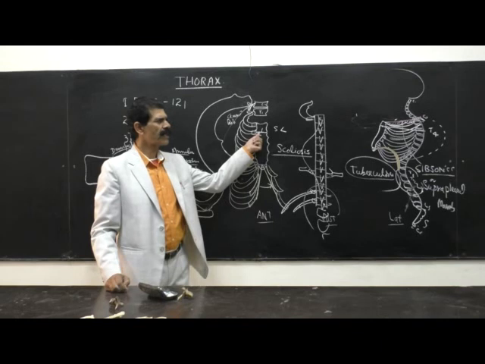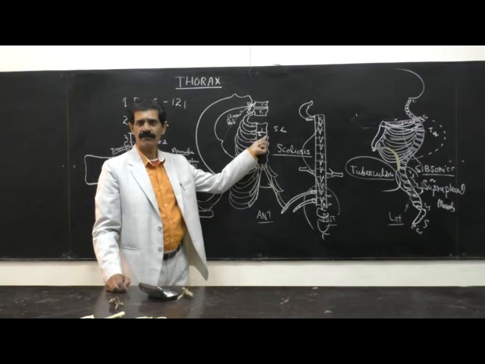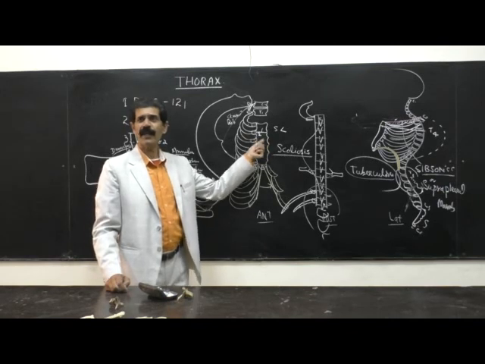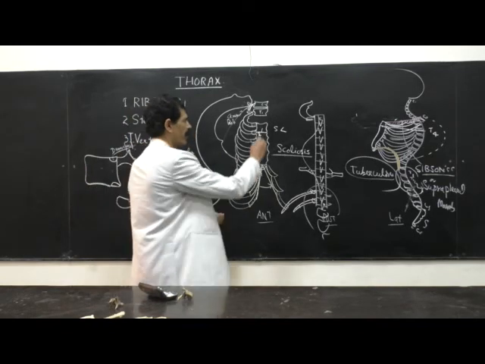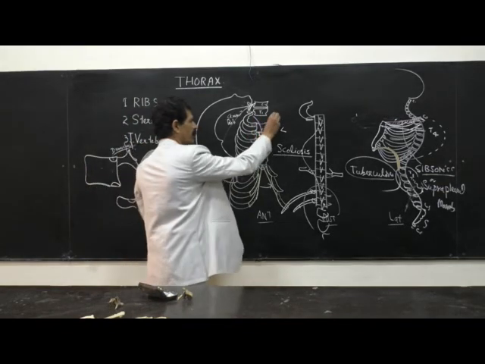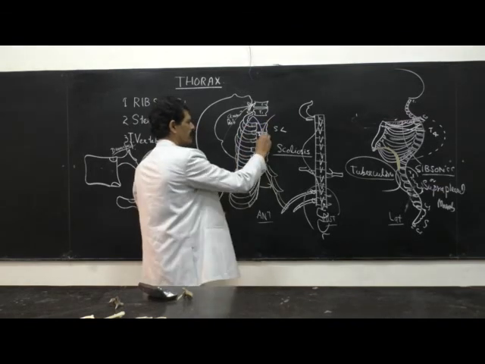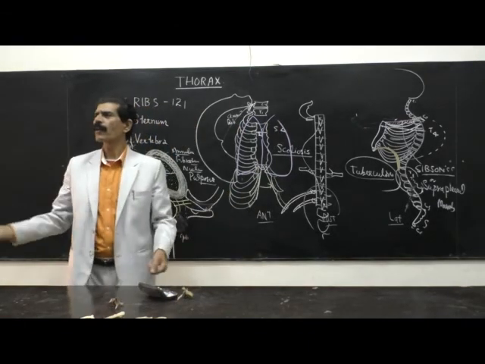And the fourth importance is that the azygos vein opens into the superior vena cava here. Then the thoracic duct crosses from right to left here. Then the parietal pleurae of the right and left side touch each other, and after that they bifurcate. So they are the things you have to remember.